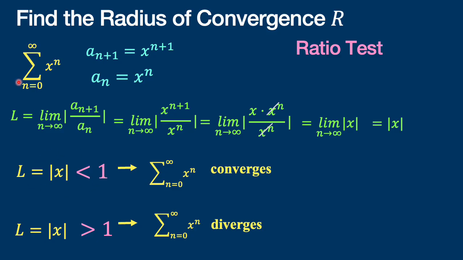From the theorem of convergence of power series, the absolute value of x minus center is less than r, and the series is going to converge. What is r here? R should be 1. That's how we find the radius of convergence.